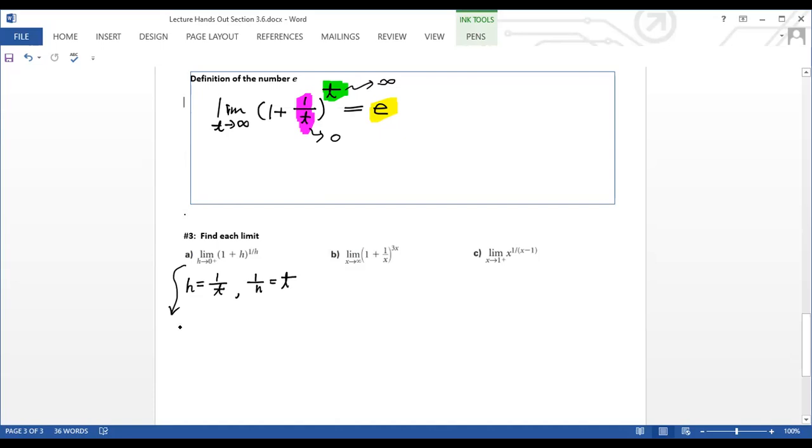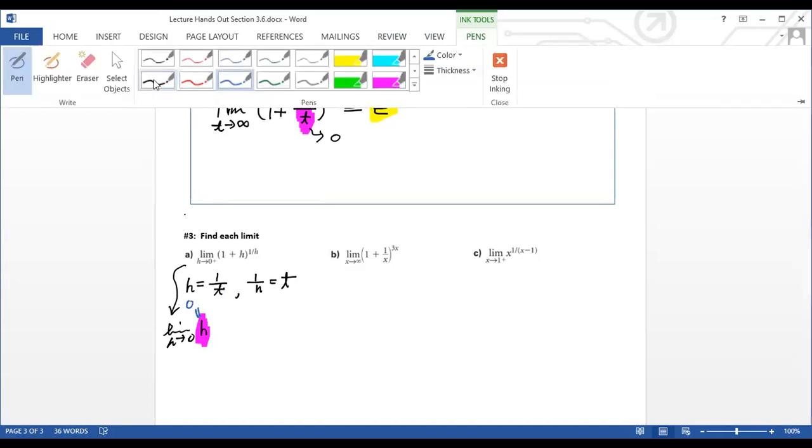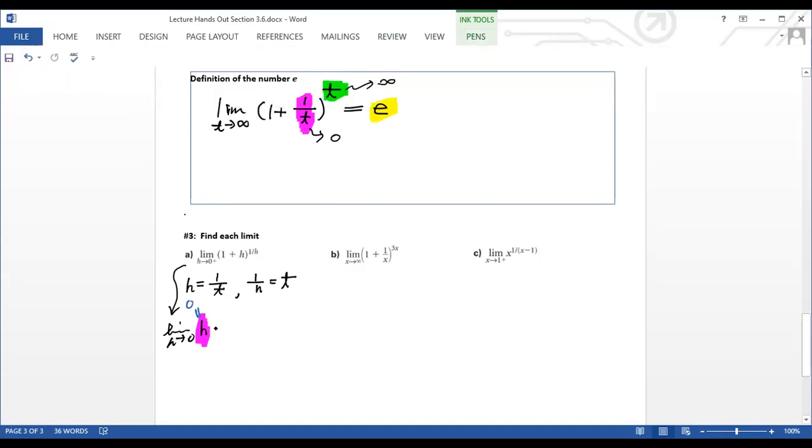Okay, so now when h approaches 0, that means this number is going to approach what? This number is going to approach zero, right? So this will be very similar. It's just like we say the limit as t approaches infinity of 1 over t here, right?